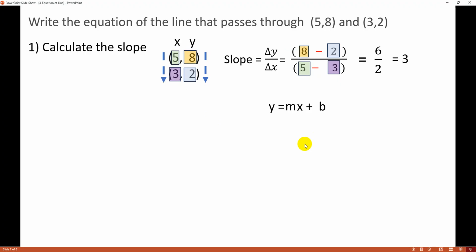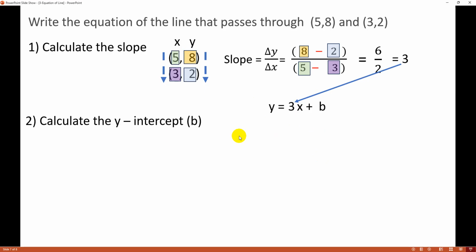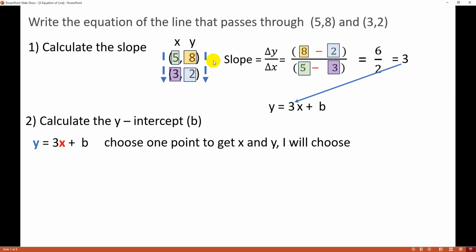So that will be the slope, which will be replaced in this m here in the equation of the line. Right there. So now that we have this, we still need to figure out what the value of b is. To calculate that b, which is the y-intercept, we're going to take one of these 2 points, either the 5,8 or the 3,2.